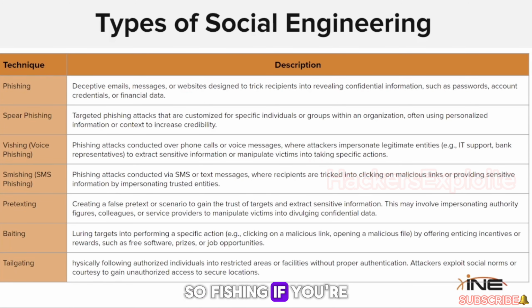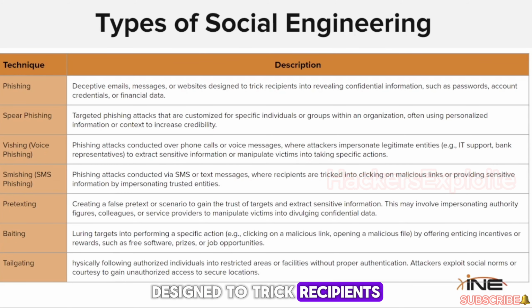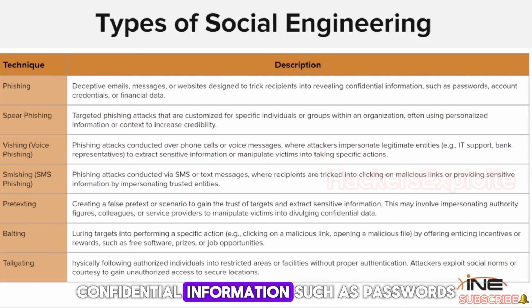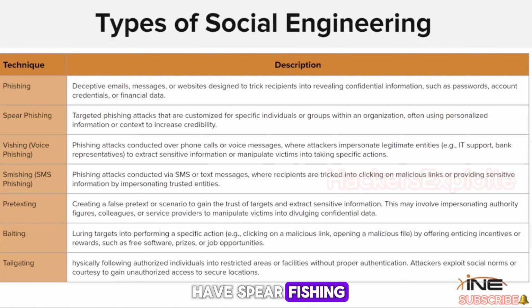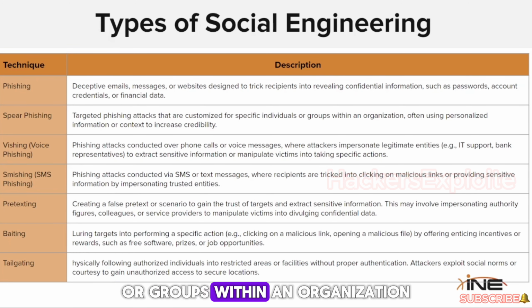So phishing, if you're not familiar with it, is deceptive emails, messages, or websites designed to trick recipients into revealing confidential information such as passwords, account credentials, or financial data. You then, of course, have spear phishing. So these are targeted phishing attacks that are customized for specific individuals or groups within an organization.